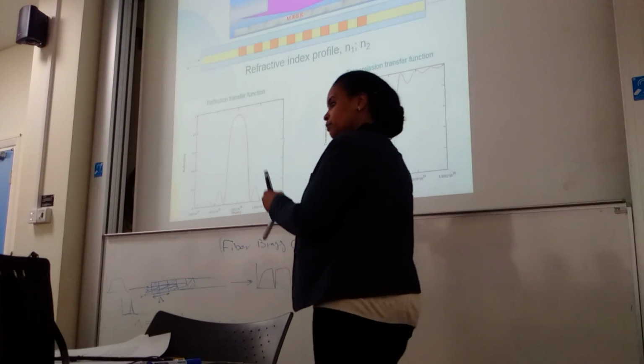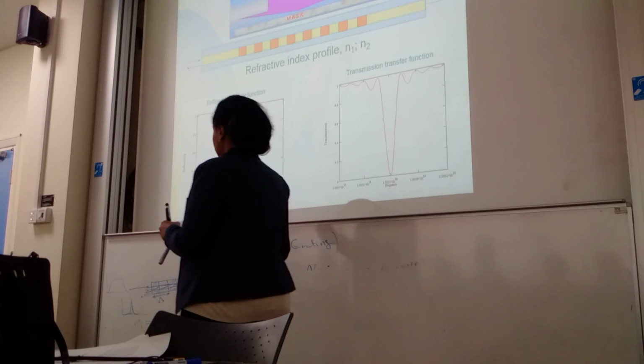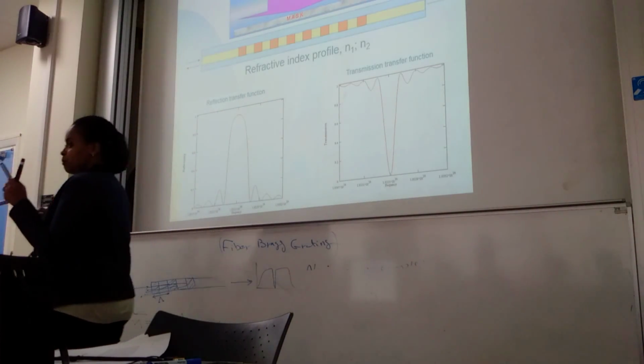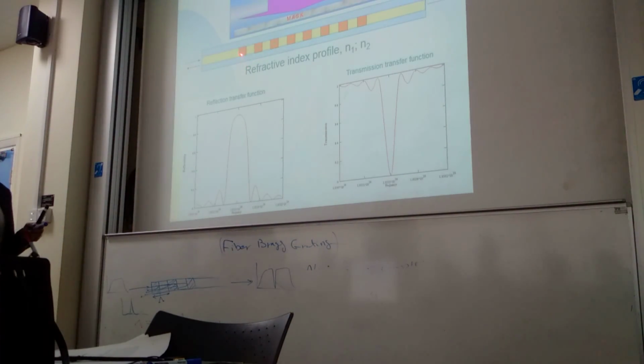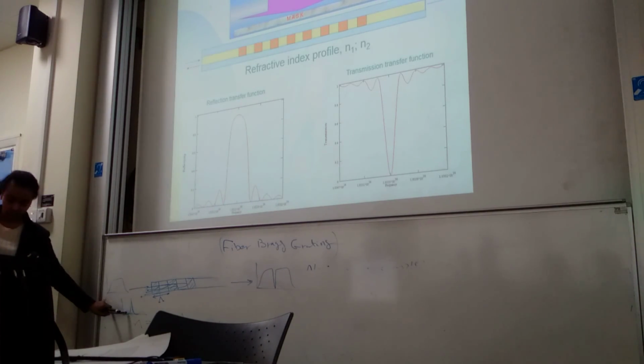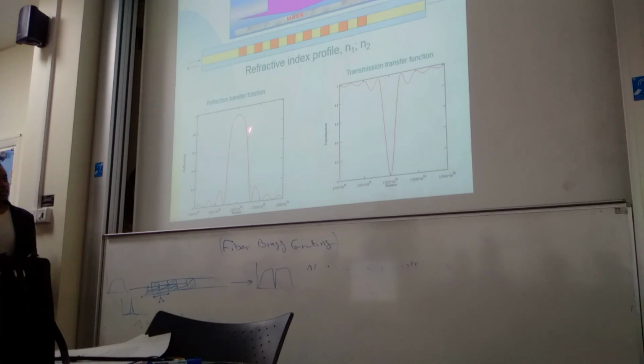You are asking if the period should change. No, the period is constant, but what can change is the refractive index. You can see here the transfer function of the reflectivity. This is what will be reflected. You can see that small parts of the nearby wavelengths are reflected.